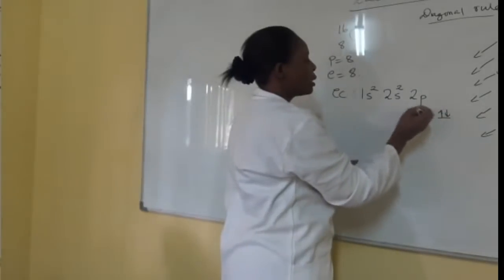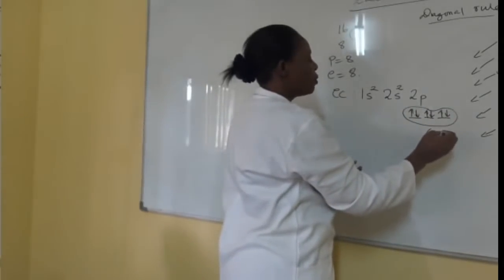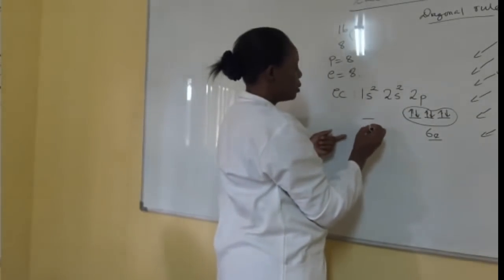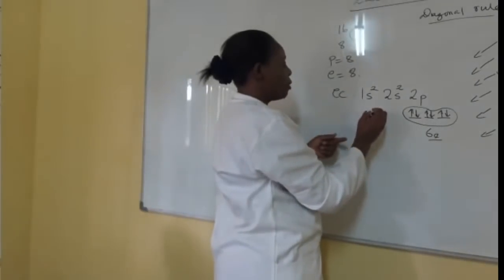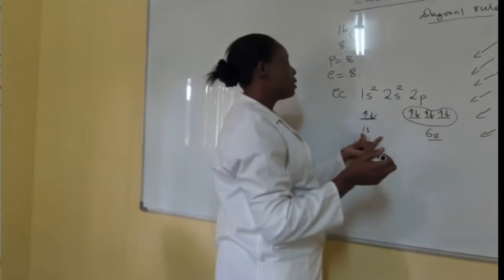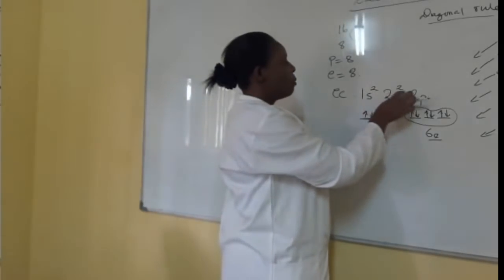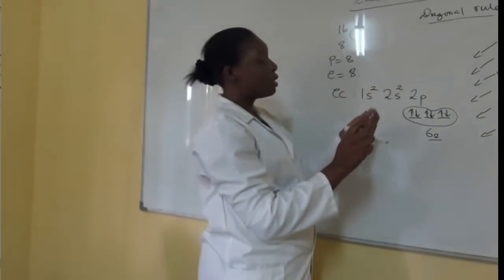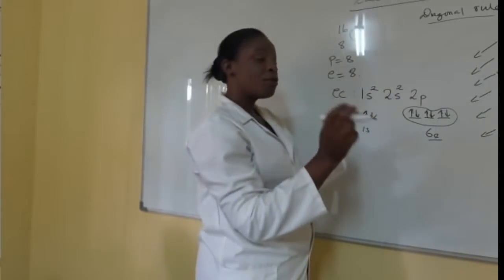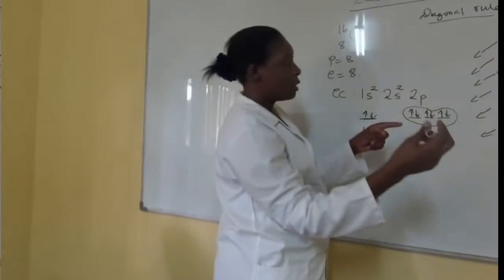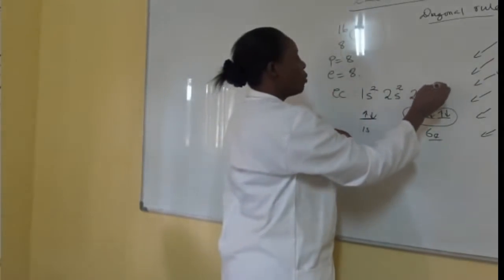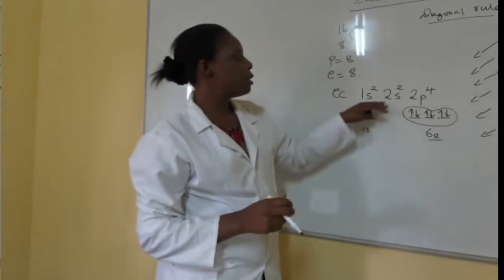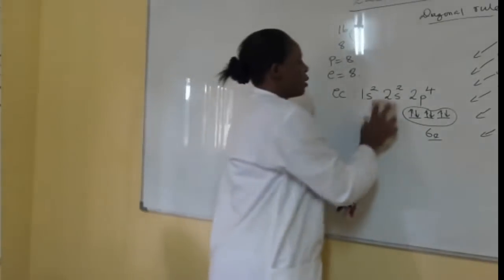So p orbitals can accommodate a total of 6 electrons. For the s orbitals, we only have 1 s orbital, and 1 s orbital can have a maximum of 2 electrons. That's why we have a maximum of 2 electrons there. Now, since we have distributed 4, we are remaining with 4. The 2p can have a maximum of 6, so the remaining 4 can all fill the 2p orbital. And this is our electronic configuration.